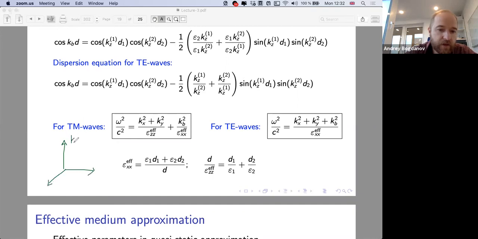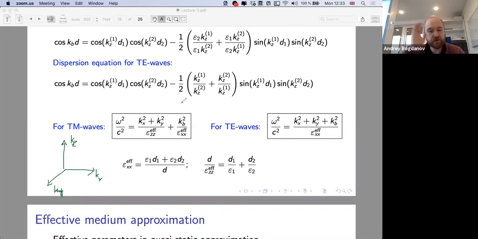This is kz, this is kx, and this is ky. And I can plot the so-called isofrequency contour.